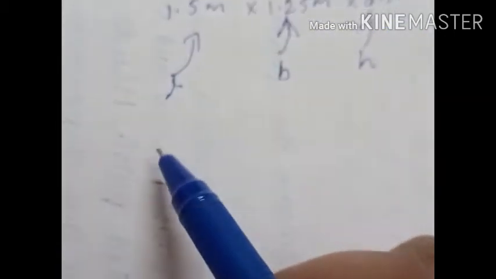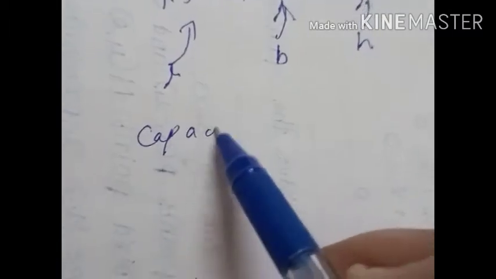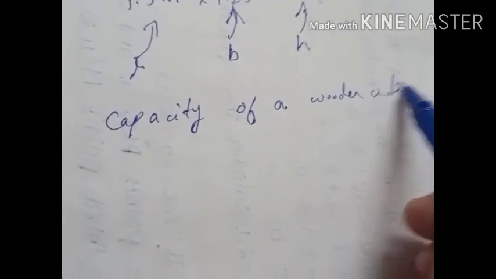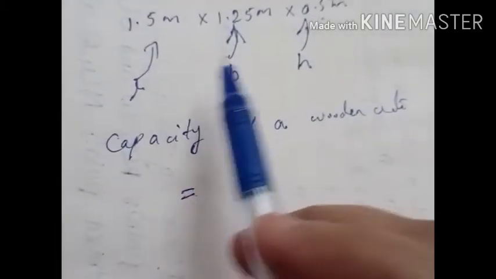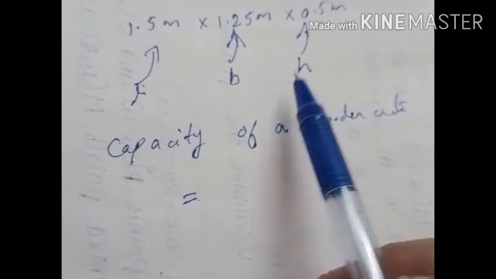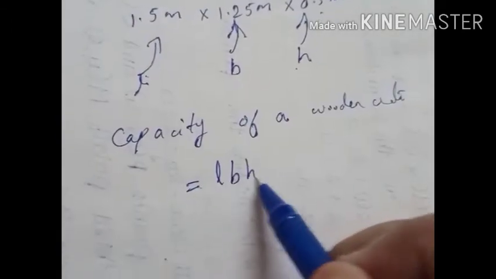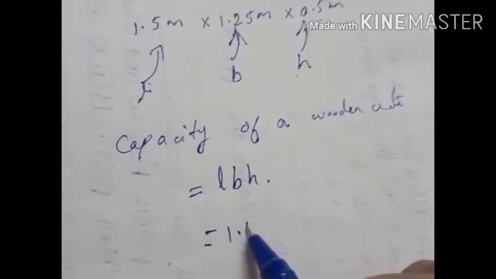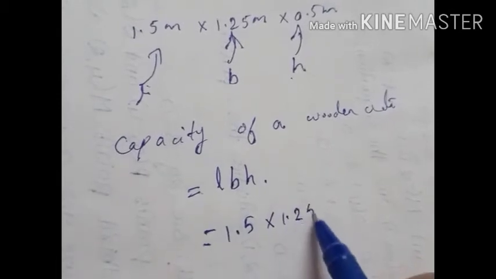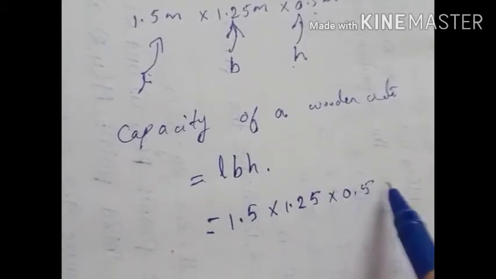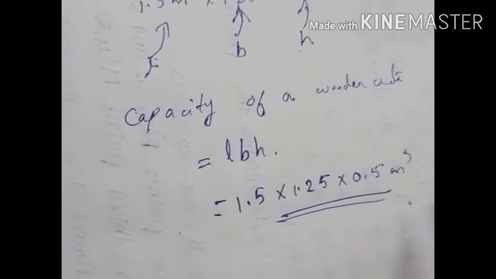So here we have to find the capacity of a wooden crate. That is equal to the volume of a cuboid, because L, B and H are different. So its volume is LBH, that is equal to 1.5 into 1.25 into 0.5 meter cube.